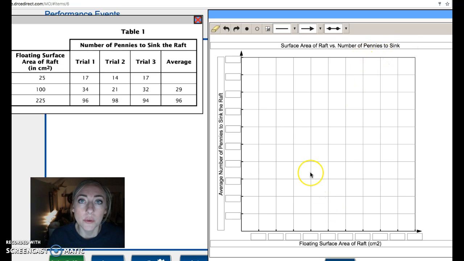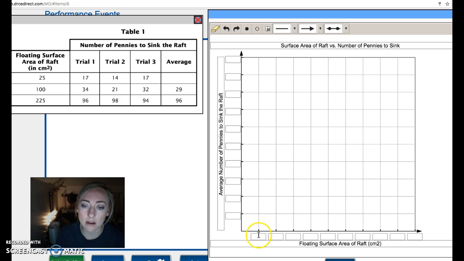Okay, so one thing that a lot of us struggle with is knowing what to number the increments for your x and y axis. So when you make a graph, I've told you this before, you want to make sure that you look at your highest data point and you want to divide it by the number of boxes that you have available, or the number of spaces.